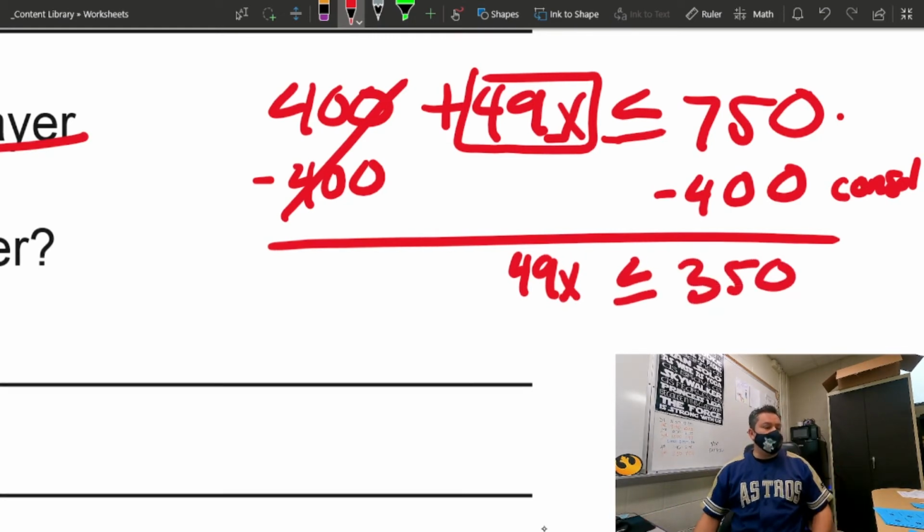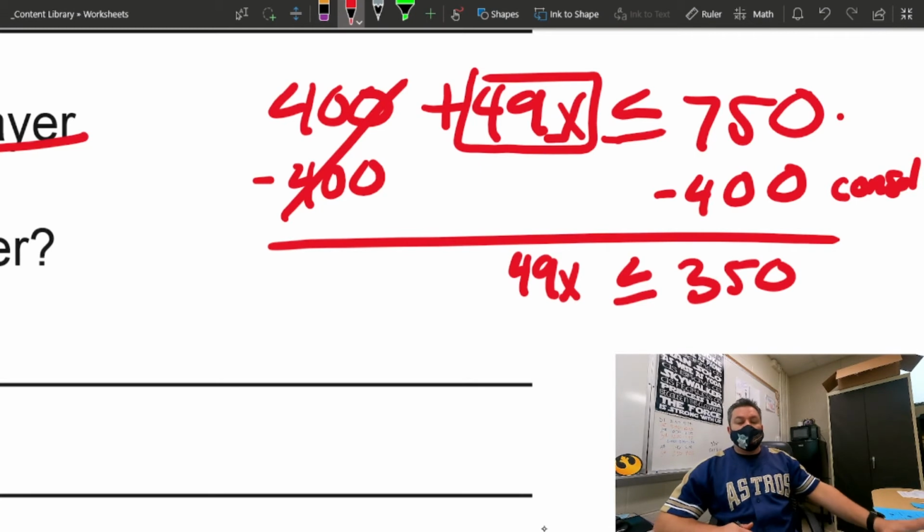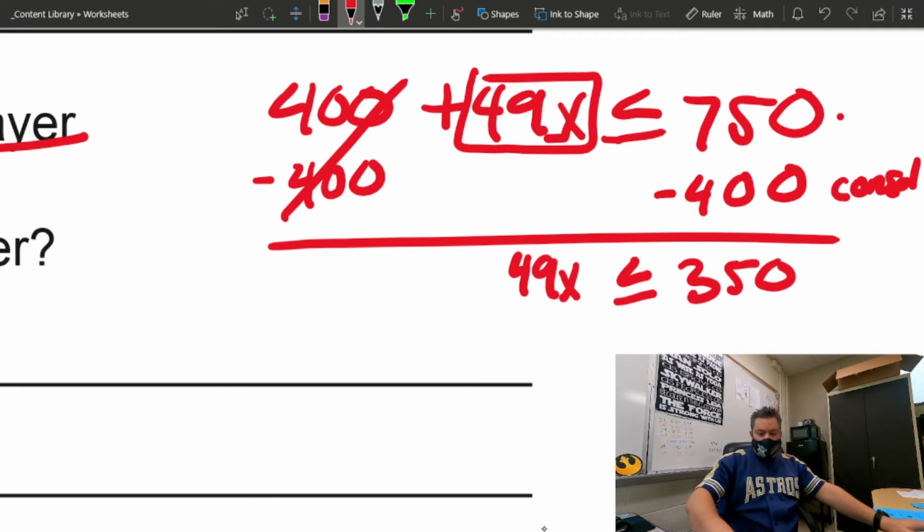Now every game is $49. What's the next step to find how many games? Divide. Before we divide by 49, let's estimate. 49 is just one away from 50, so let's do 50.